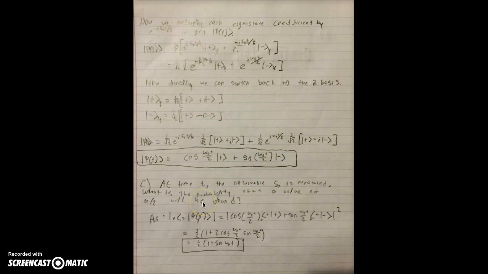So using that, we can take the inner product of the bra of spin up on the x-axis with our quantum state ket, and we find that this is our probability that a value of h bar over 2 will be found.